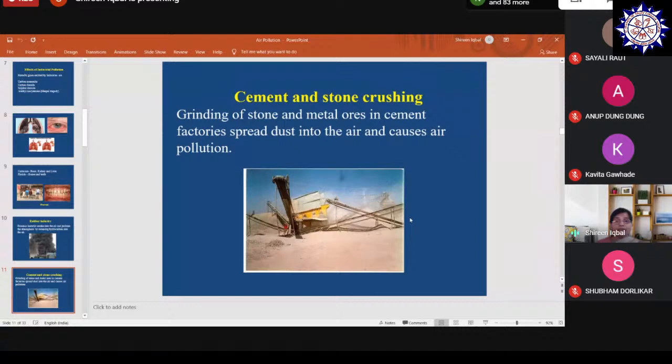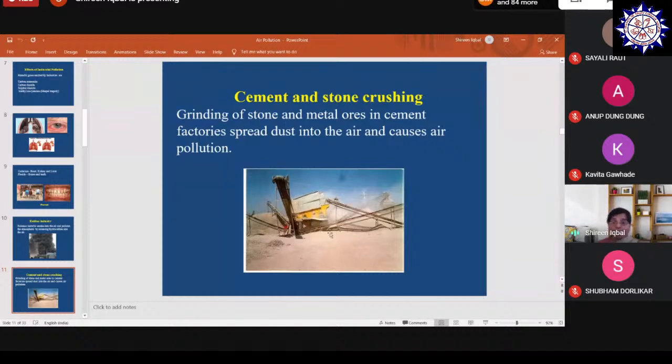The next one, that is the cement and stone crushing. Now, big rocks are ground or crushed just to obtain the metal from it. And while doing this, again, it produces particles. This can be done by using big machines.